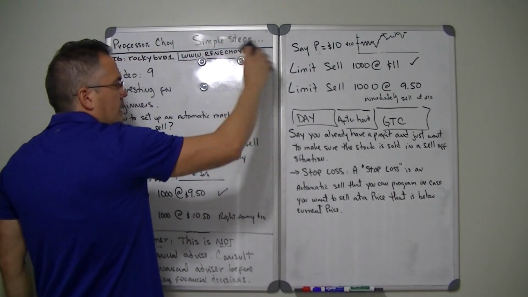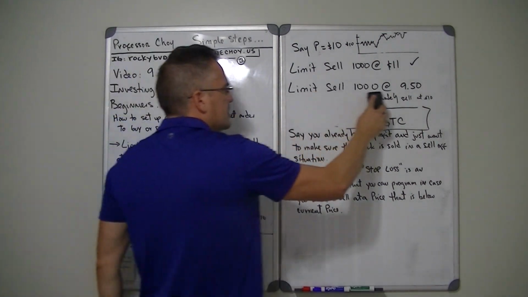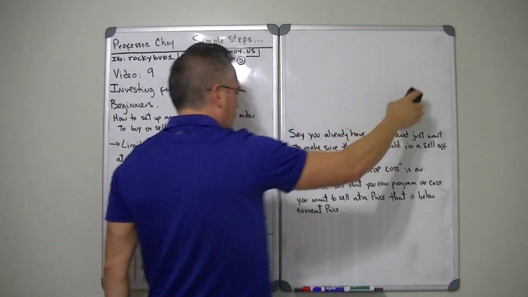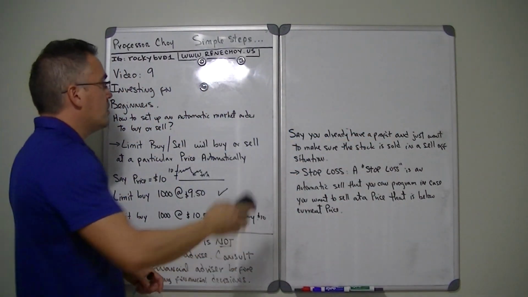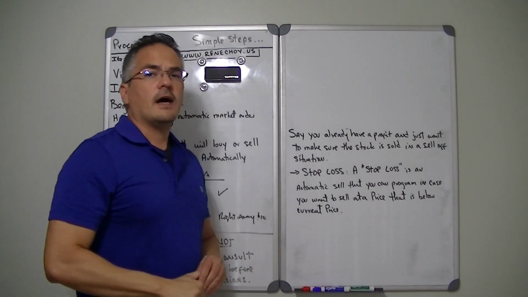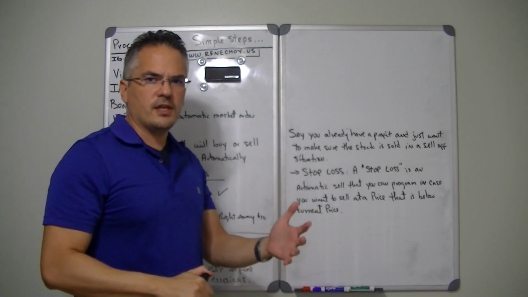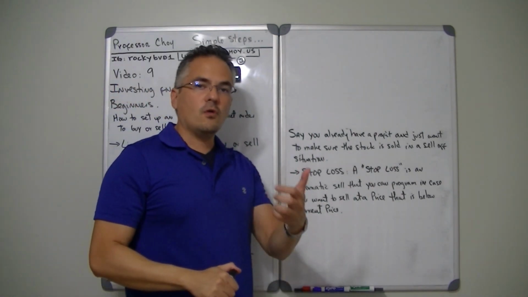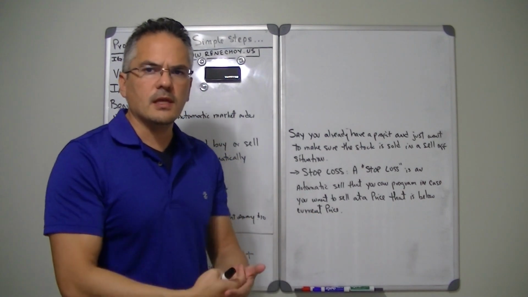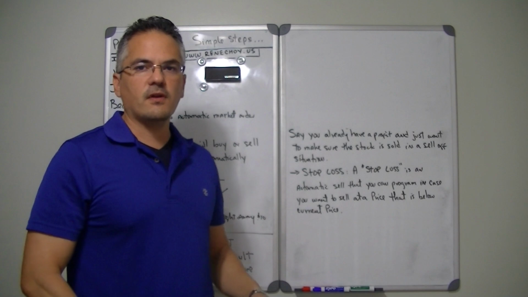Alright, now another really important order that I wanted to teach in this particular video is something called a stop loss. The reason you want to learn about a stop loss is because sometimes you already have a profit on some kind of trade, and if you don't watch it constantly, the price might drop very quickly, and then you're holding the bag because you didn't see it dropping fast.